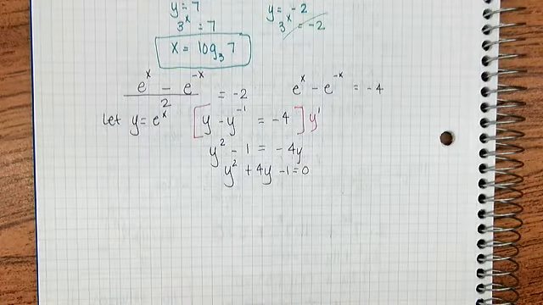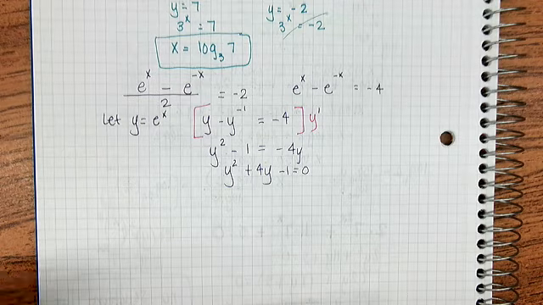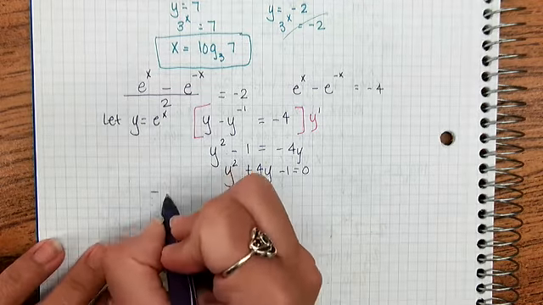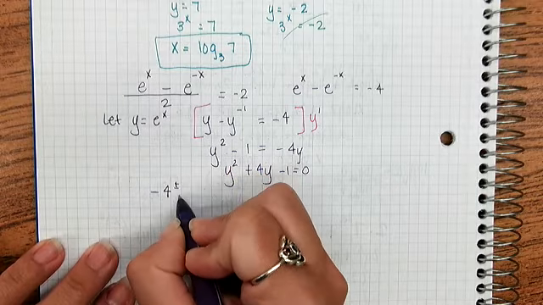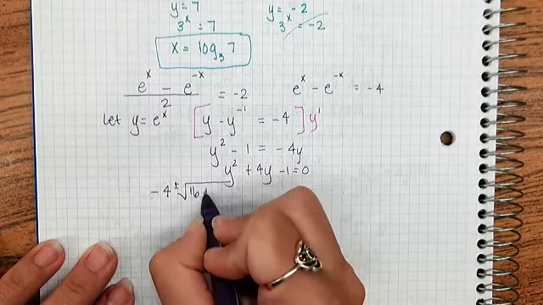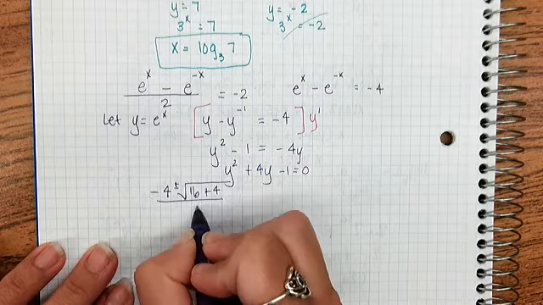Not factorable. Yep, gonna have to use the quadratic formula. So that's going to be negative 4 plus or minus the square root of 16 plus 4, over 2.